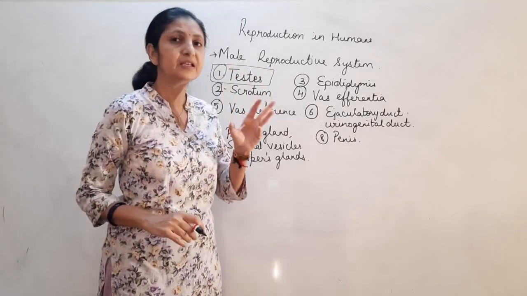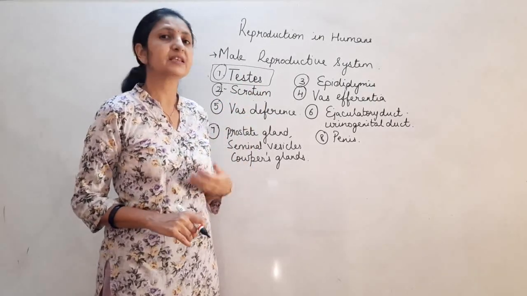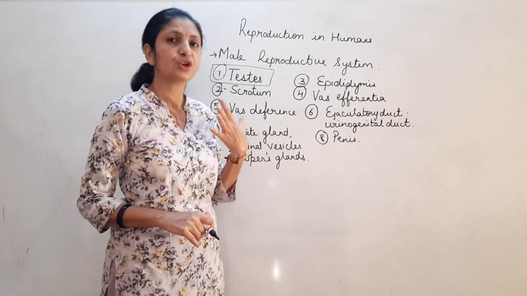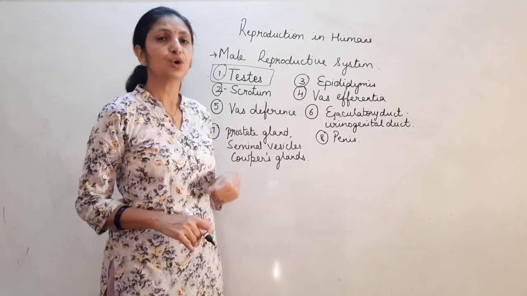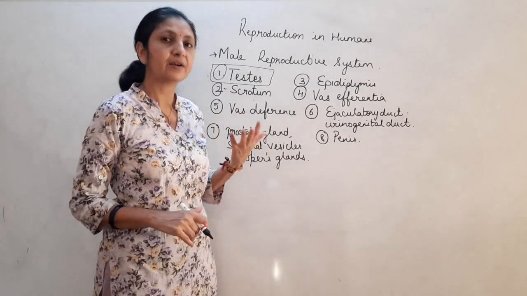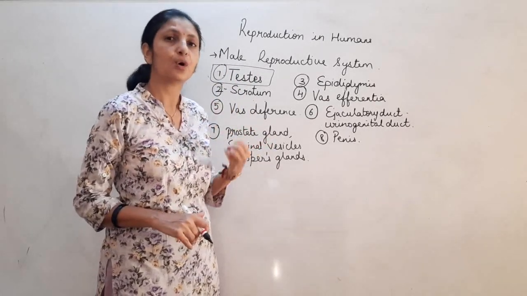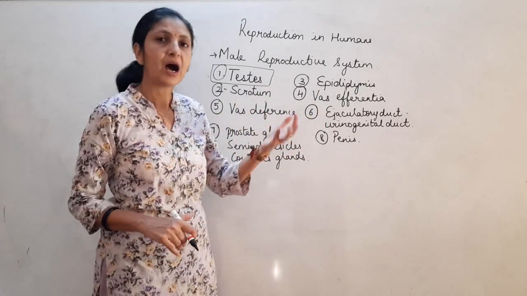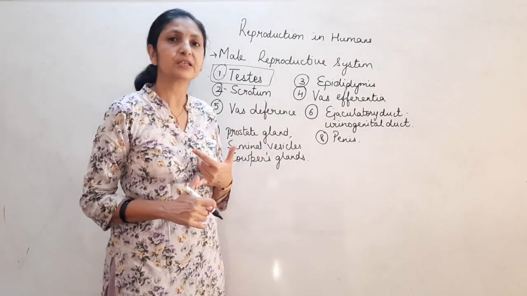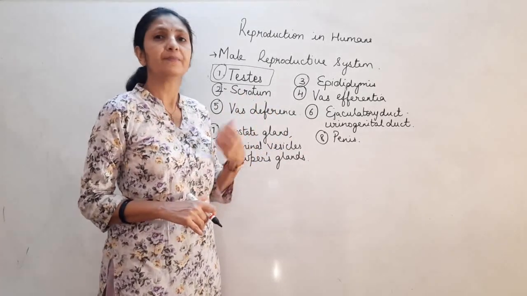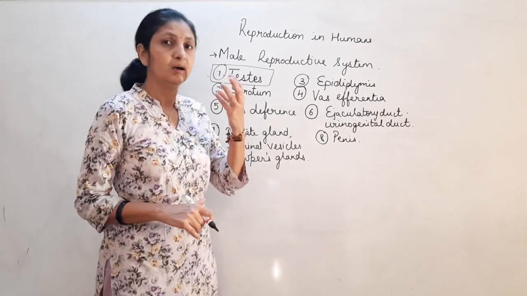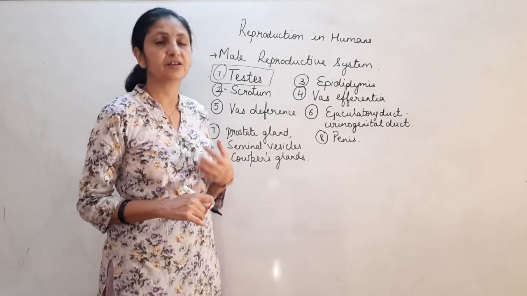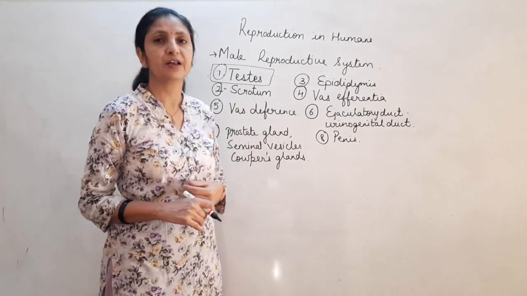Testis is the primary reproductive organ, or we can say it is the gonad. I have explained the word gonad, a place or a structure where reproductive cells are formed. So, testis को हम बोलेंगे, they are the primary sex organs or primary reproductive organs. All these organs which are not directly involved in the process of formation of sperm or in the work of gonads are called secondary sex characters or secondary reproductive structures.